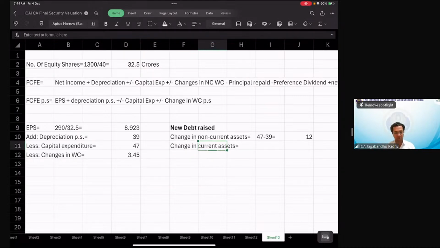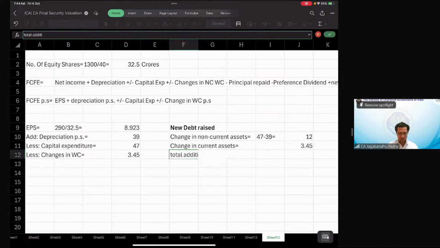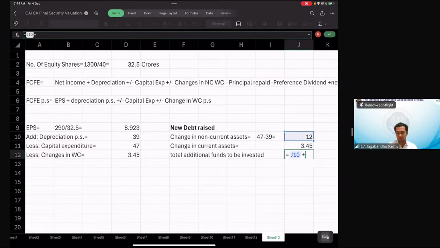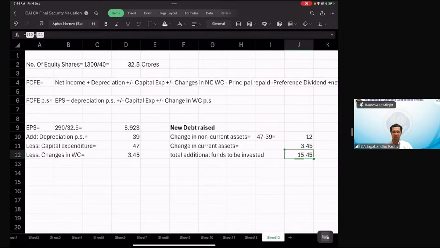What's the change that we are observing in the current assets, guys? So change in current assets is going to be by 3.45. Correct? So total additional funds to be invested, can I say there's going to be a total additional fund investment of 15.45 in the company. So non-current assets are increasing by 12 crores. Your current assets are increasing by 3.45 crores.